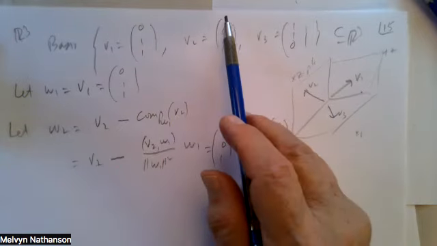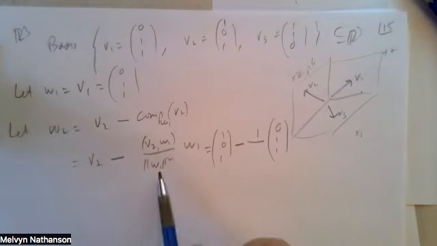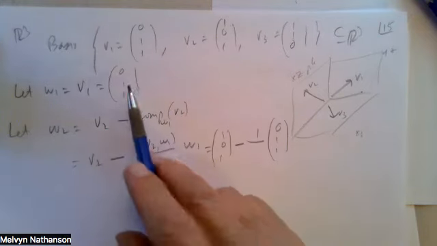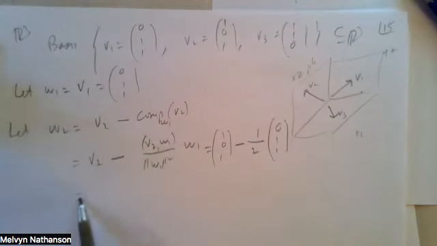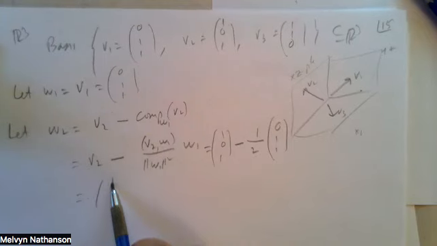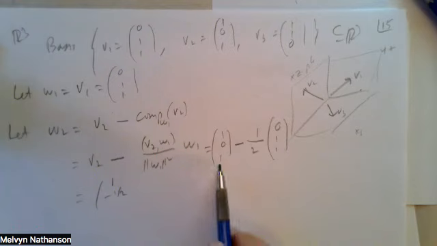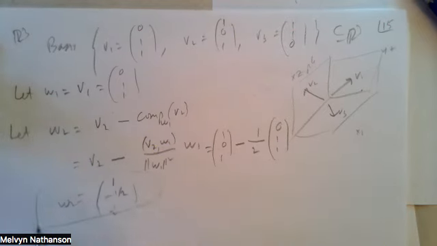This inner product is 0 plus 0 plus 1 over the length of W1 squared. 1 plus 1 is 2. So I get 1 minus 0, 0 minus a half, 1 minus a half. This is my vector W2.